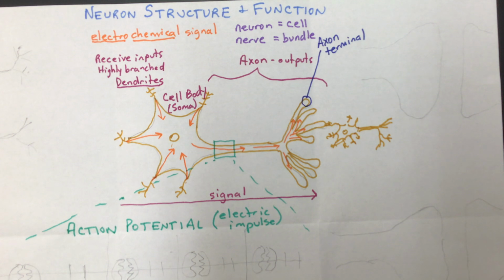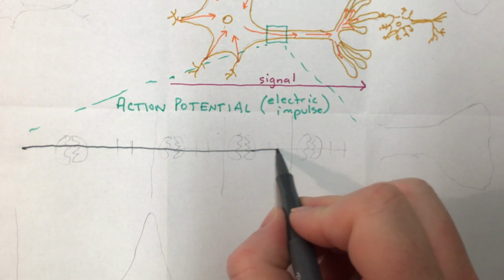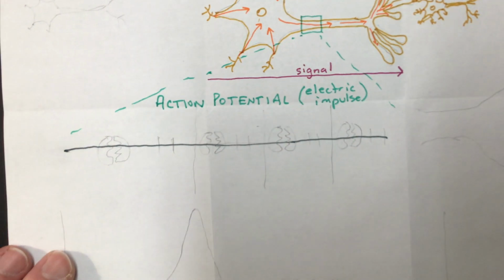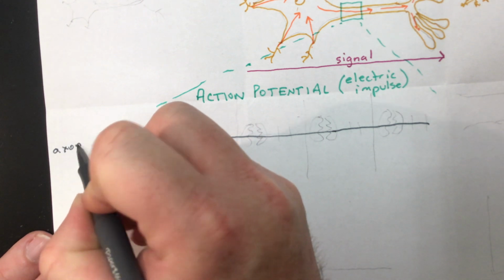All right, so let's draw in this membrane here. So here's our neuron cell membrane. So let's write that. This is our axon membrane.